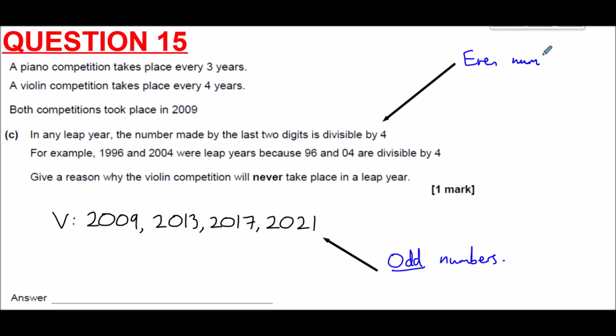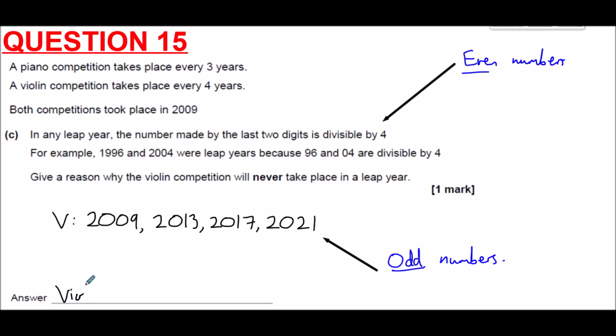And so that's the shortest way I can think of explaining why the violin competition will never take place in a leap year. For it to take place in a leap year, the year of the competition would need to be an even number, to say the least. But the violin competition will always be on an odd number of years. So that's probably the easiest way of putting it.